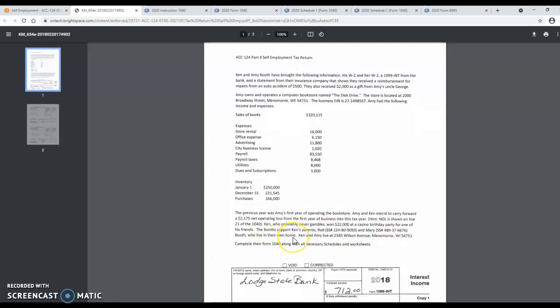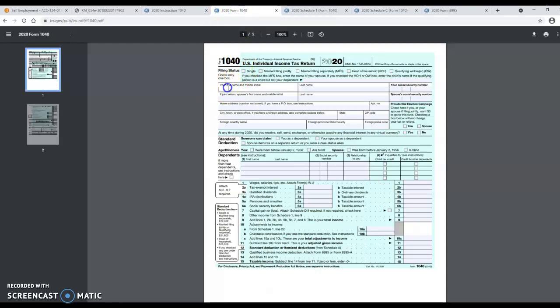Rod and Mary live in their own home, not in with Ken and Amy, but Ken and Amy support his parents, and therefore they can use those as dependents.